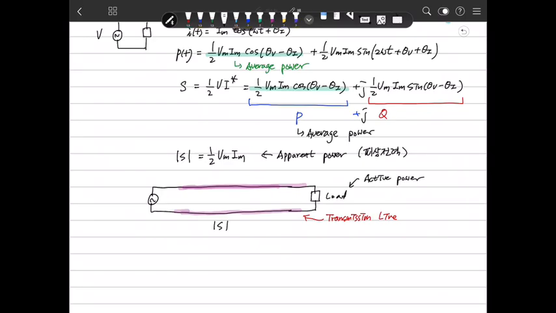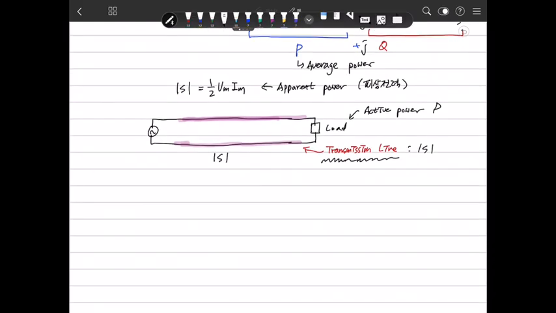From the viewpoint of the transmission line, the power it delivers is the apparent power, but the effective power is only the active power P. So we want to know how much effective power is delivered through this transmission line. So we want to define the power factor.